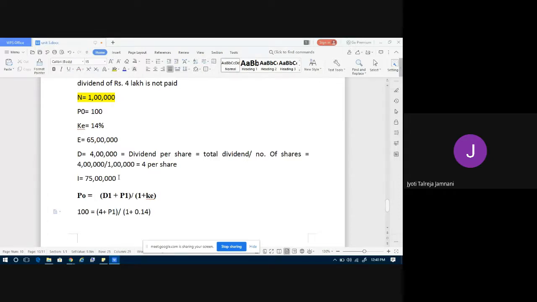Now what we'll do, this 1 plus 0.14, we'll take it to the other side. So it will become 100 into 1.14. You will get 114, which is equal to 4 plus P1.